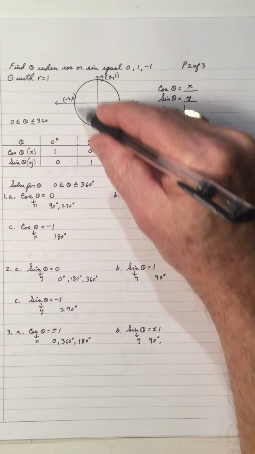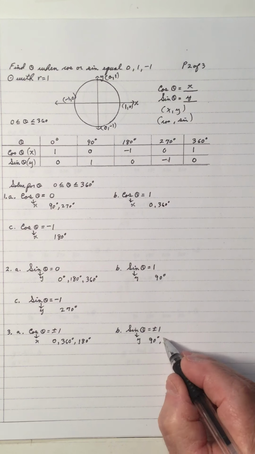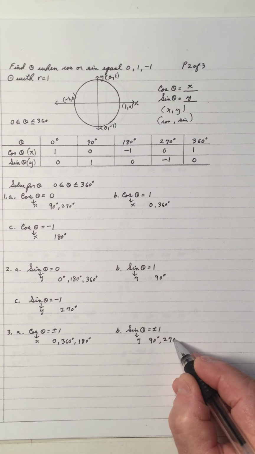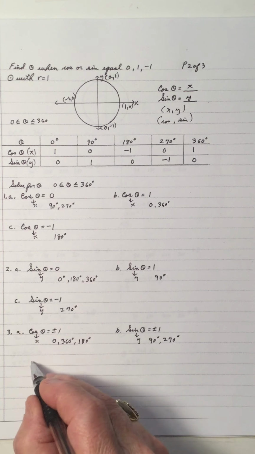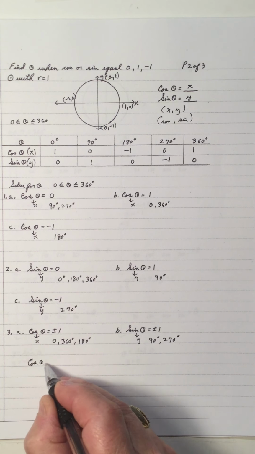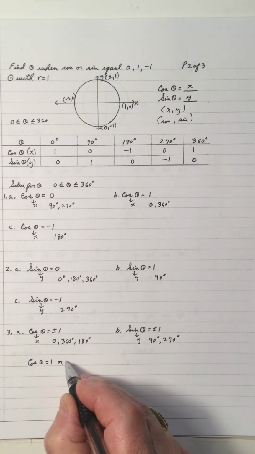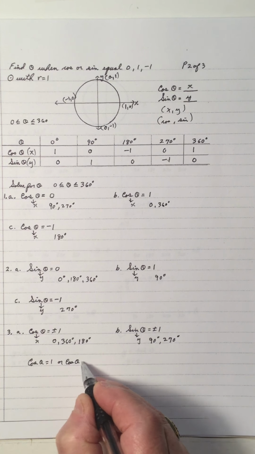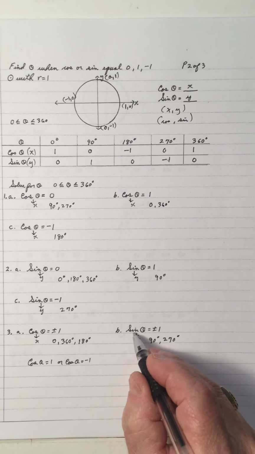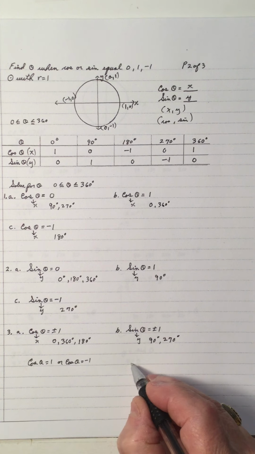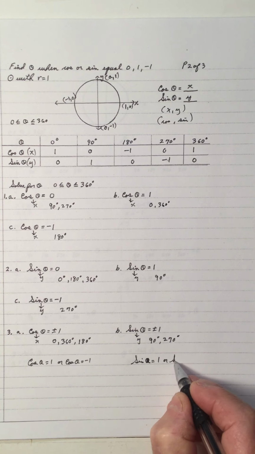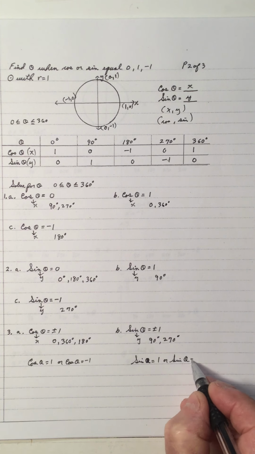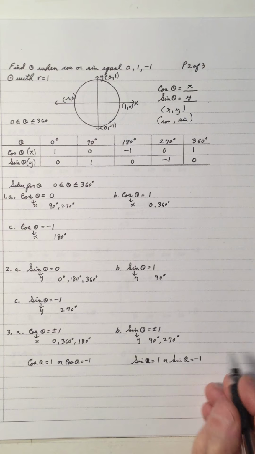And where's y negative 1? At 270. So for cos plus or minus 1, that means cos theta equals 1, or cos theta equals negative 1. For sine plus or minus 1, that means sine theta equals 1, or sine theta equals negative 1.